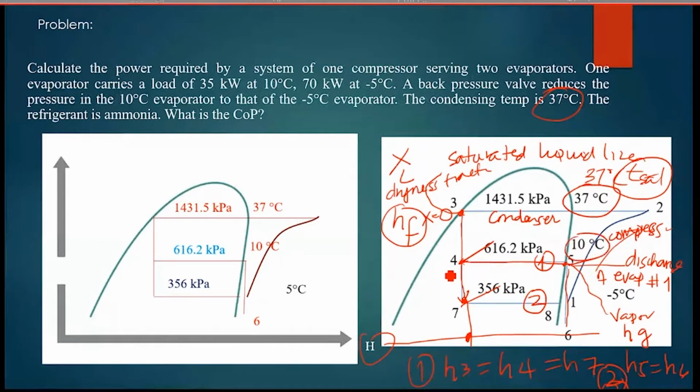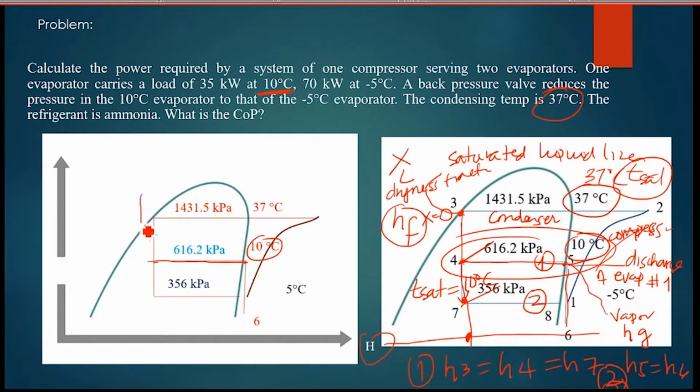So meaning Tsat. So this portion here, Tsat is based on 10 degrees centigrade or 10 degrees Celsius. Look at this, yeah, 10. So all this is 10 degrees centigrade, because there's a constant temperature line.